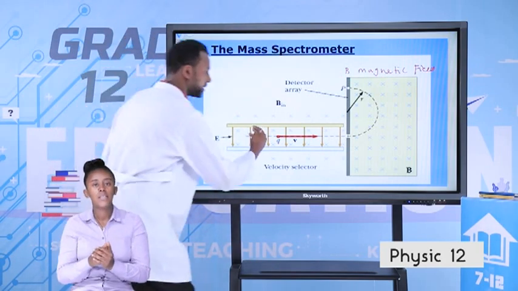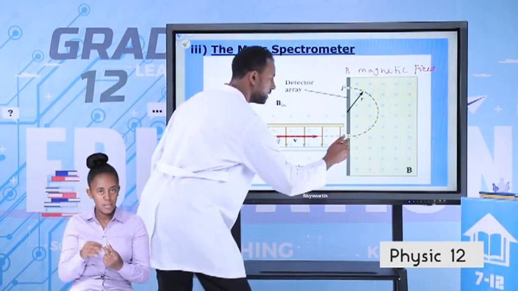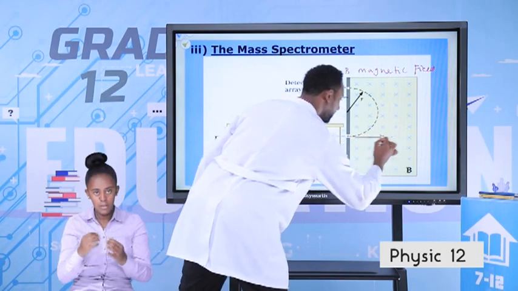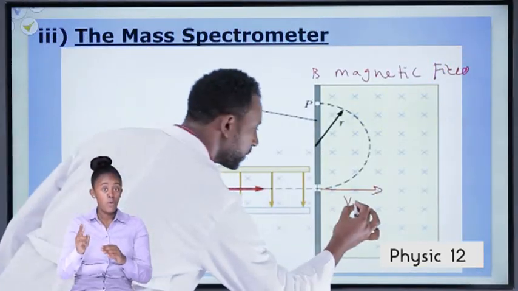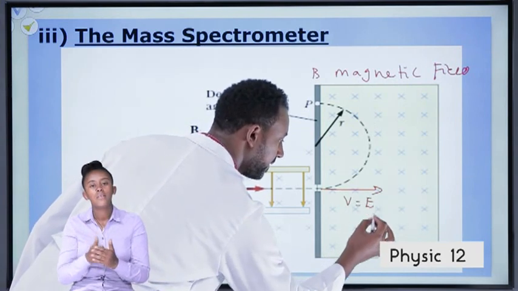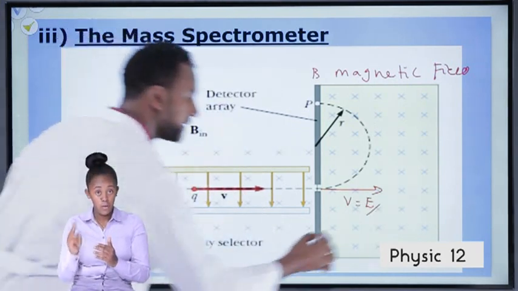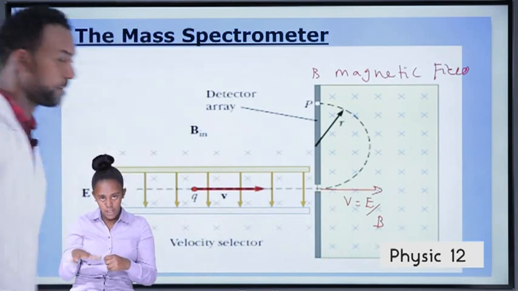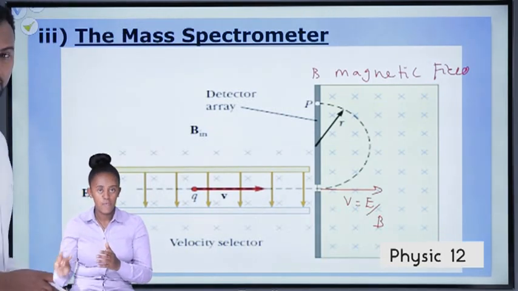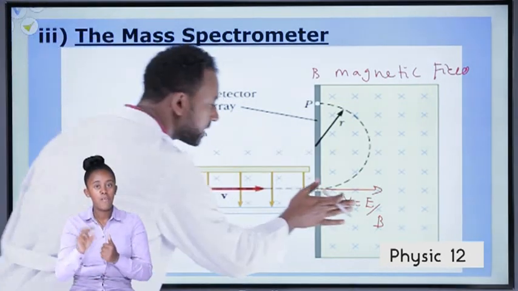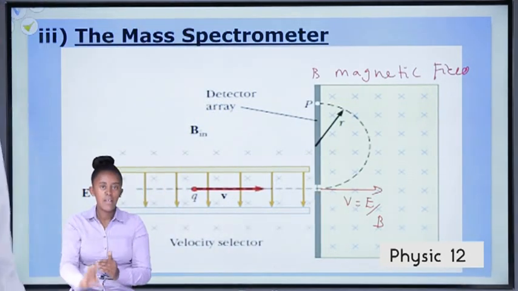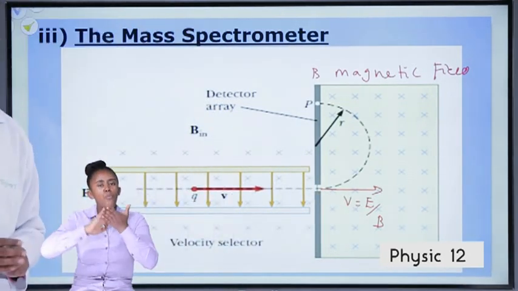Using a velocity selector, it's possible to determine the tangential velocity v here. Previously, in the velocity selector, it's possible to find the velocity v as electric field over b, E over b. In this case, after it passes through the velocity selector, it enters into a pure magnetic field.